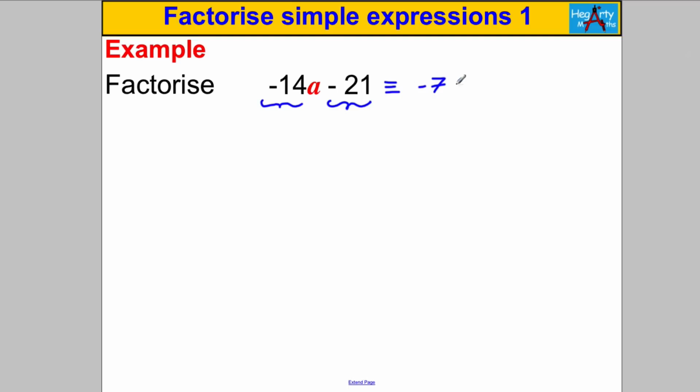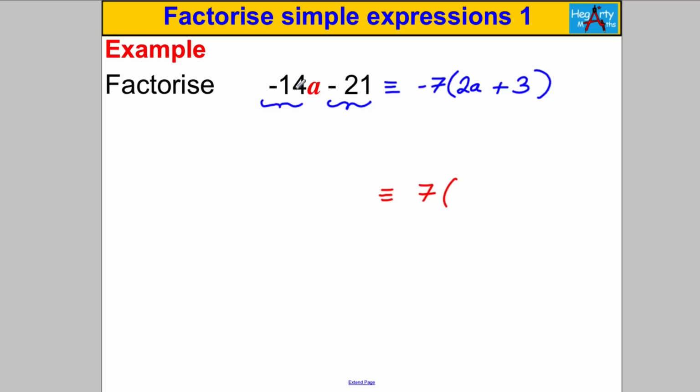There's an a and no other algebra, so open up the bracket. Negative 7 times what gives me negative 14a? Positive 2a. Just check that makes sense to you. Negative 7 times what gives me negative 21? Positive 3. Okay, and that would be the answer. Now, I suppose it would be allowed if you had just taken out the 7.